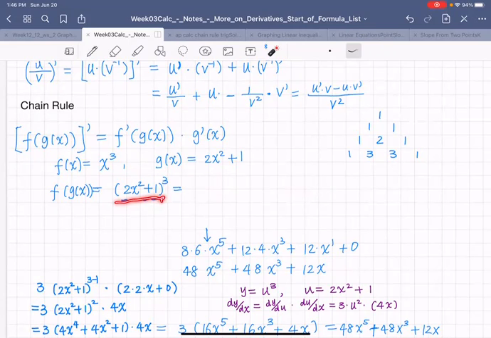I cannot hear you. 2x to the power 3, right? Yeah. And then we write down the next one. And we have here 1, 3, 3, 1, correct?